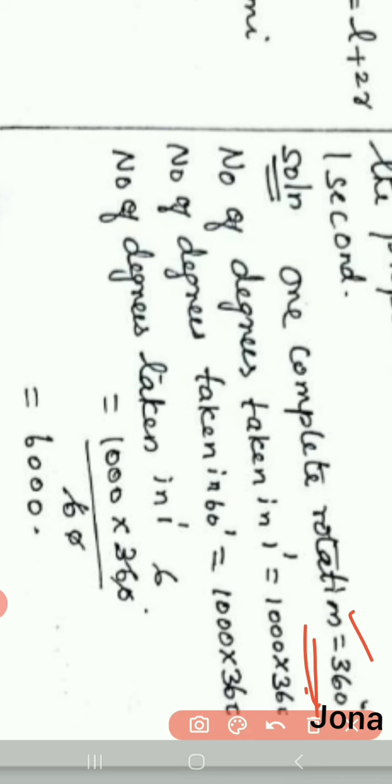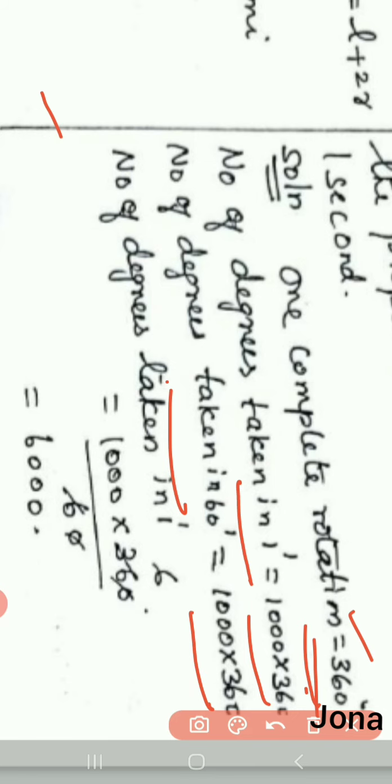One complete rotation is 360 degrees. Usually the degrees at a point is 360 degrees, isn't it? So the number of degrees taken in 1 minute, that is in 60 seconds, is 1000 into 360.